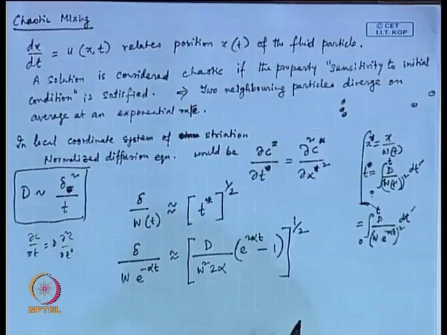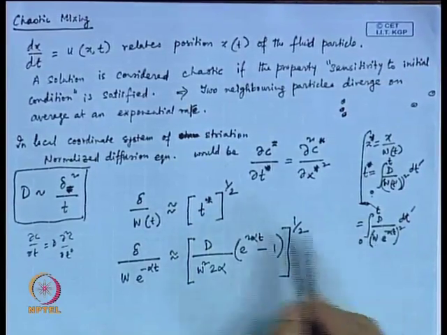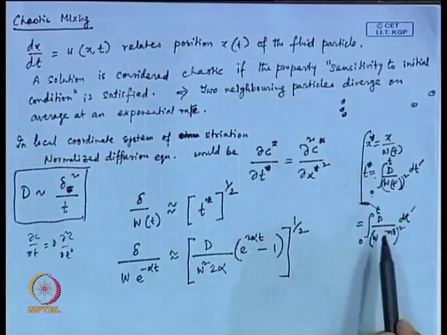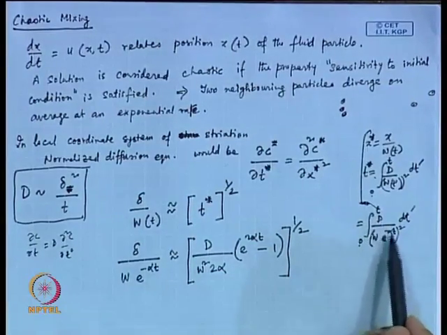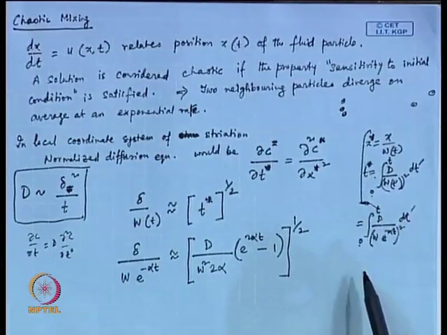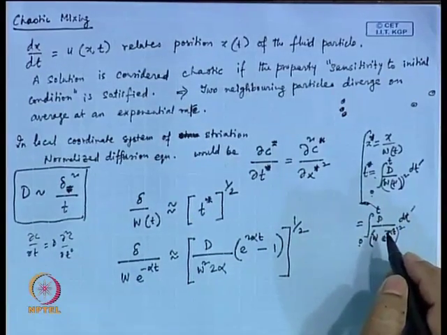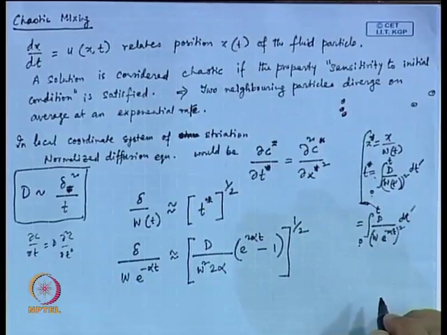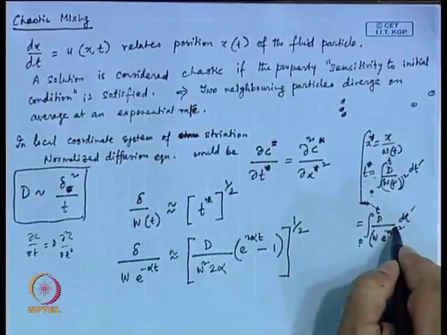How do you get that? You bring in here this one. Now, t star is equal to the integration 0 to t of D divided by W e to the power minus alpha t whole square dt prime. The only thing is, here it should be alpha t prime.